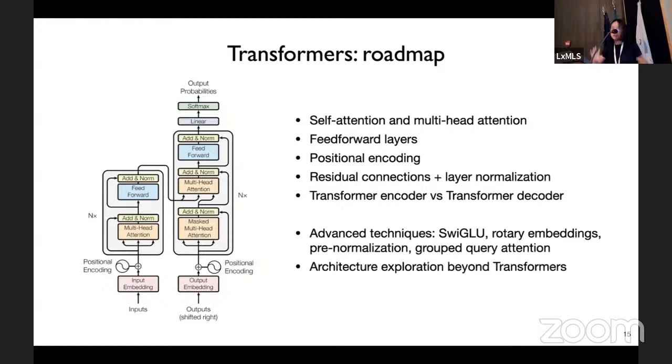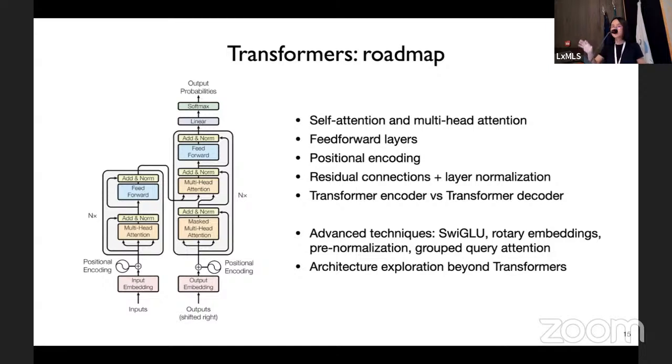And for the remaining time, I will also talk very briefly about some of the new modifications and architecture changes that have gone into the state-of-the-art large language models, including new activation functions like SwiGLU, new position embeddings like rotary embeddings, pre-normalization, and also new attention mechanisms, for example, grouped-query attention.